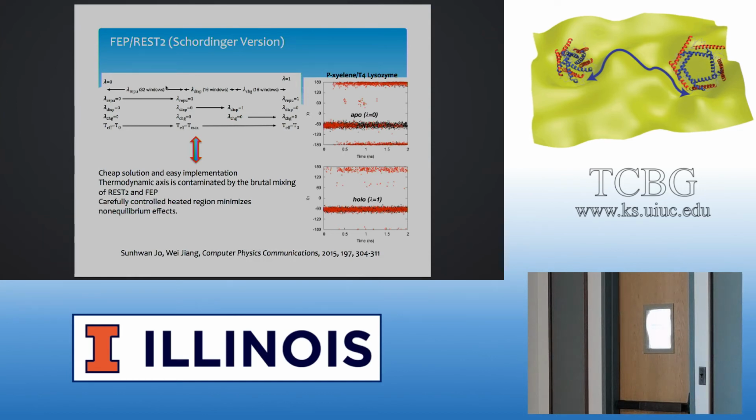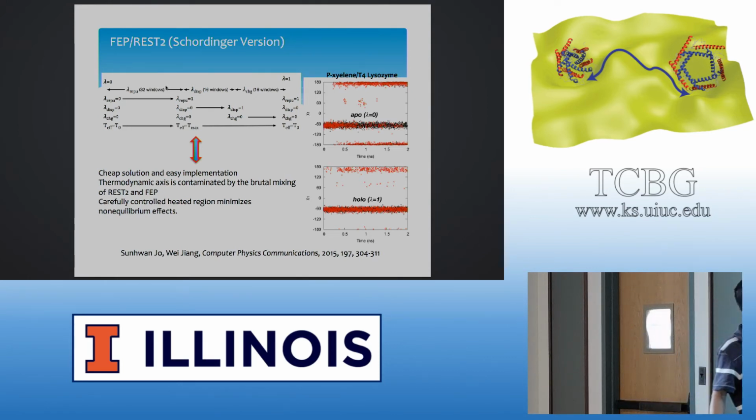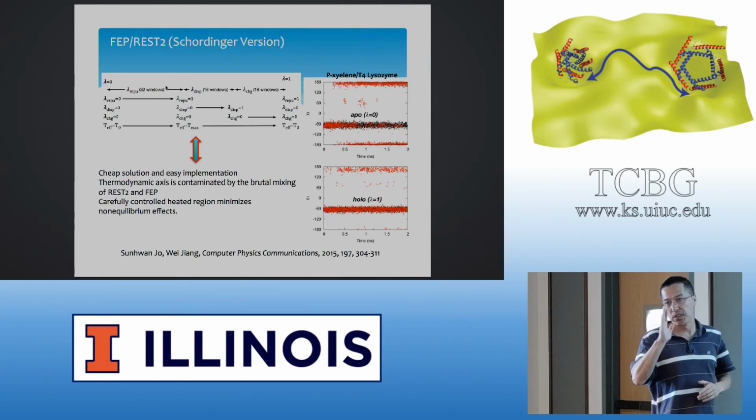But because each FEP window is already biased by REST2, the thermodynamic axis actually is contaminated by this kind of brutal mix. As a result, you have to carefully control the heating region and minimize these non-equilibrium effects of FEP. Free energy perturbation along the whole thermodynamic path should follow equilibrium statistical mechanics.